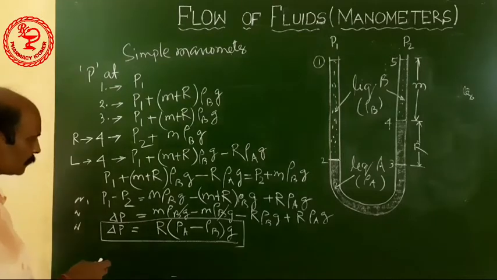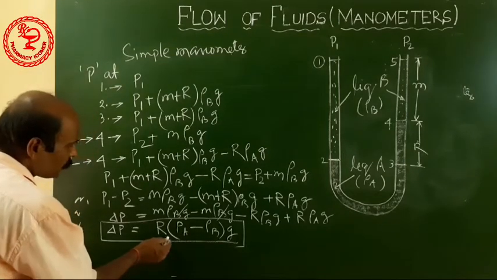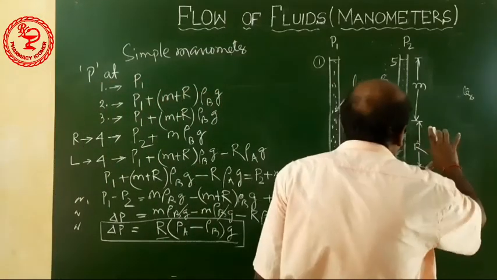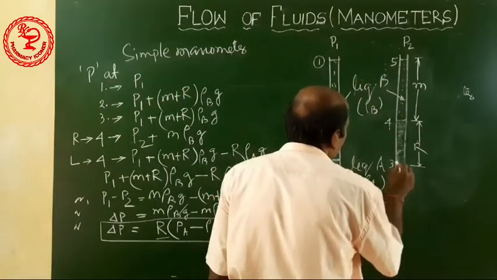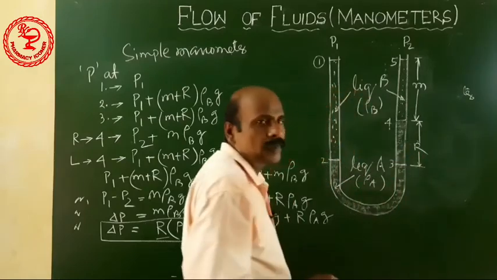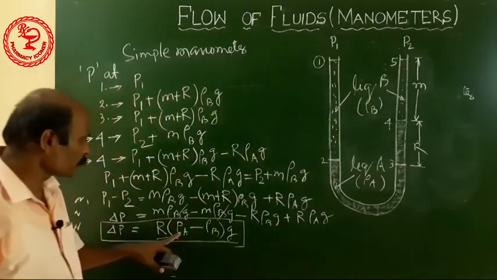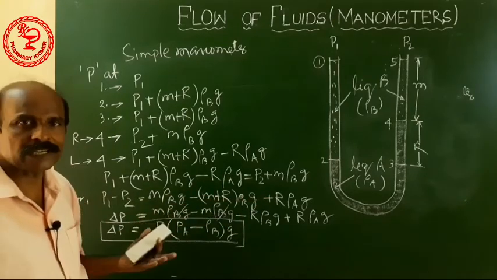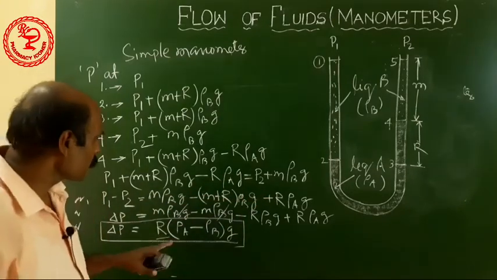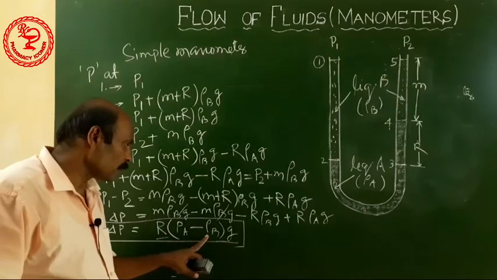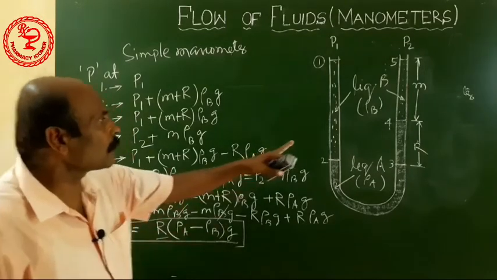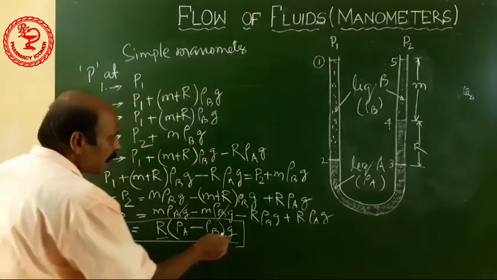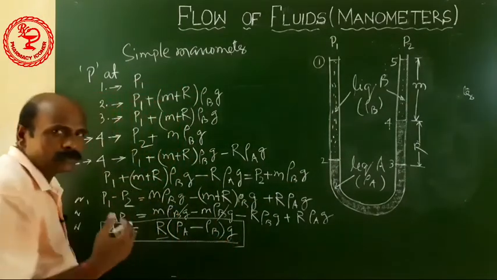Now here you see the unknown factor is the r. Unknown factor is the r, the difference in height of the meniscus of liquid A. This is the unknown. We know the rho of liquid A, we know what liquid A we have taken, and also you know the rho b, the liquid B you have taken, and g is the acceleration due to gravity, we know it.